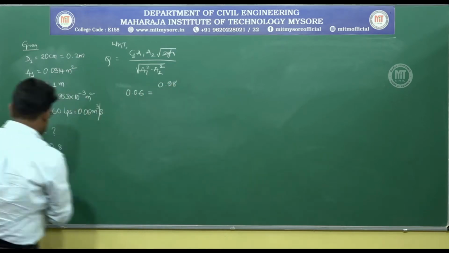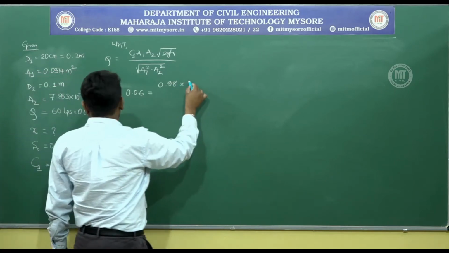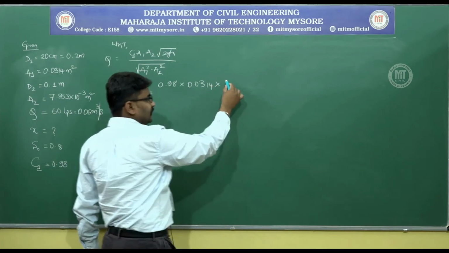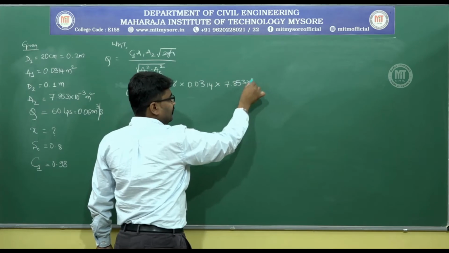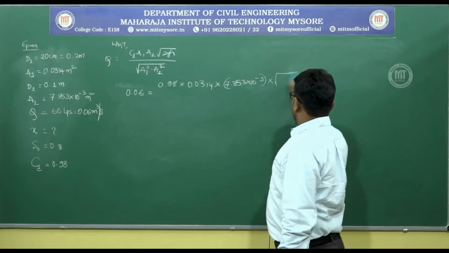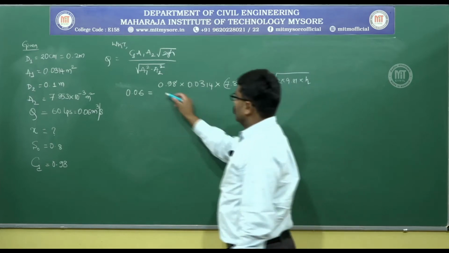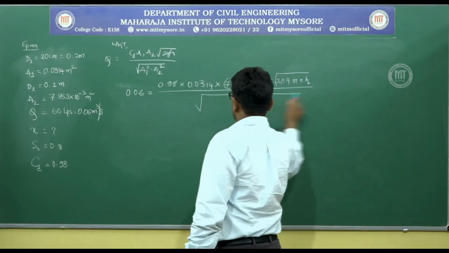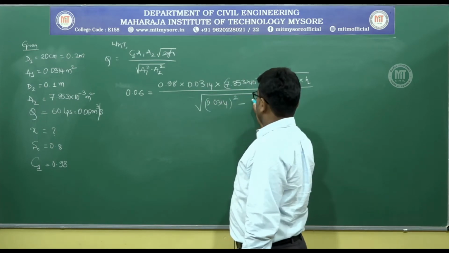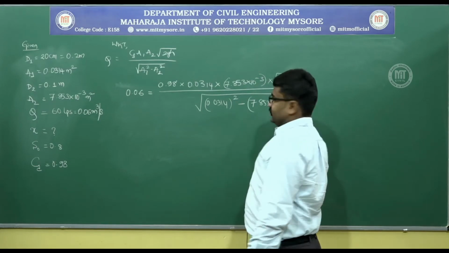He has given it as 0.98, into A1 0.0314 into A2, 7.853 into 10 power minus 3, into root of 2 into 9.81 into H, whole divided by root of 0.0314 square minus 7.853 into 10 power minus 3 whole square.